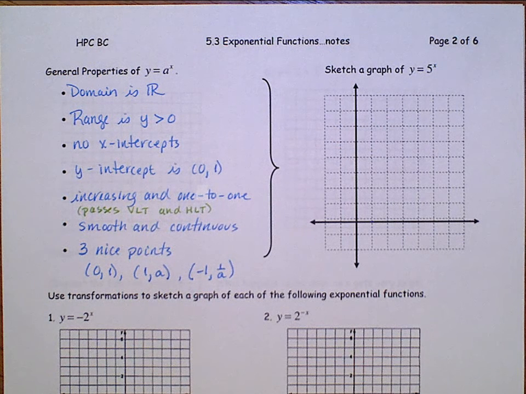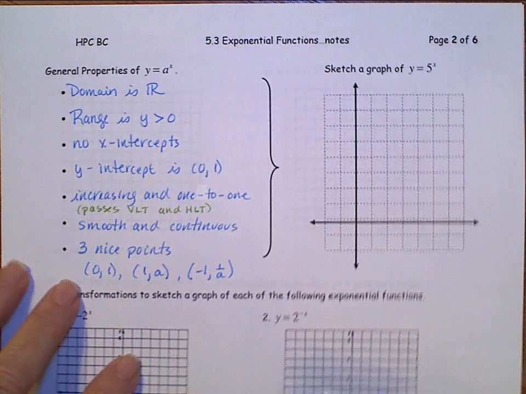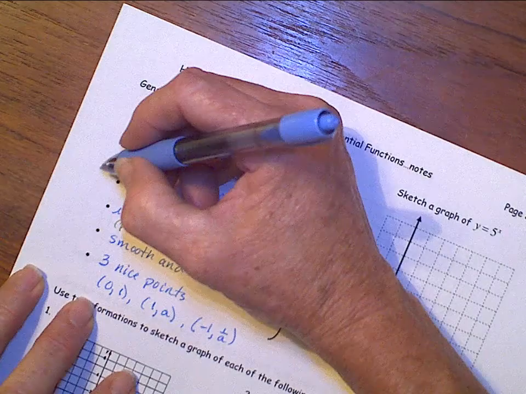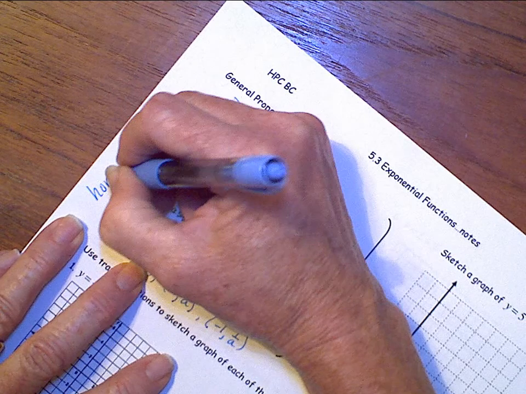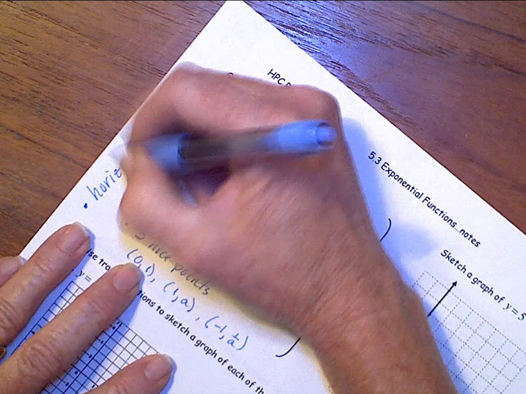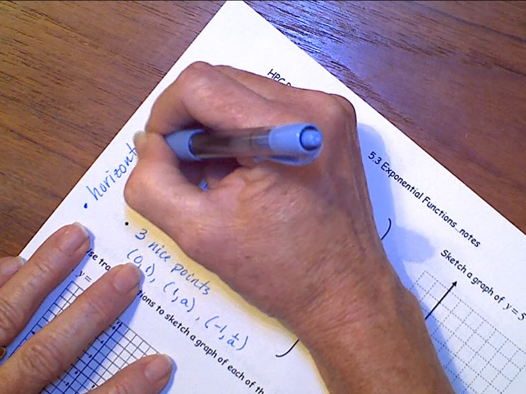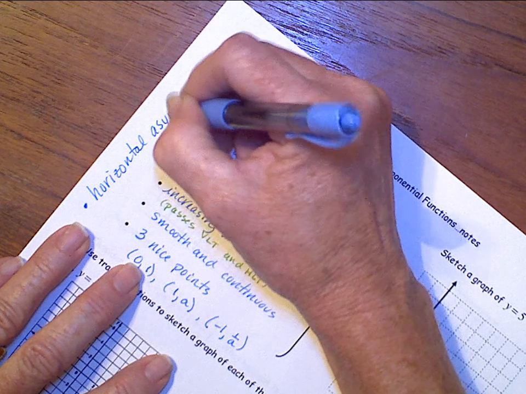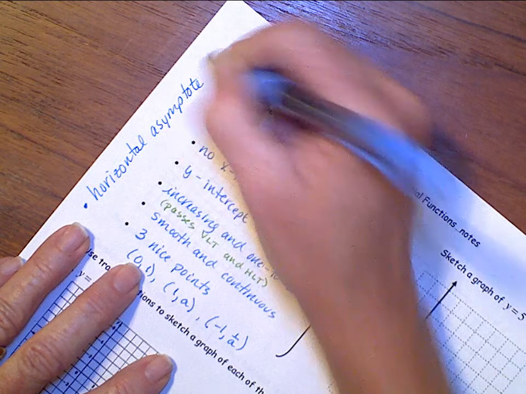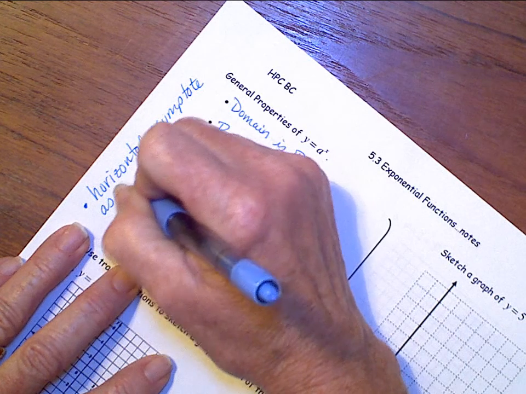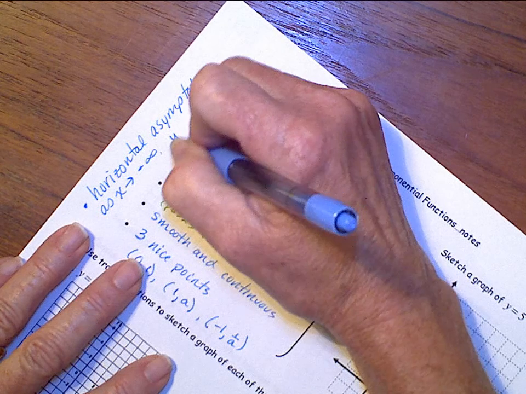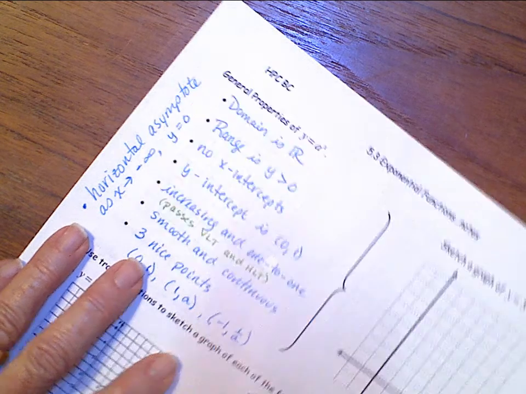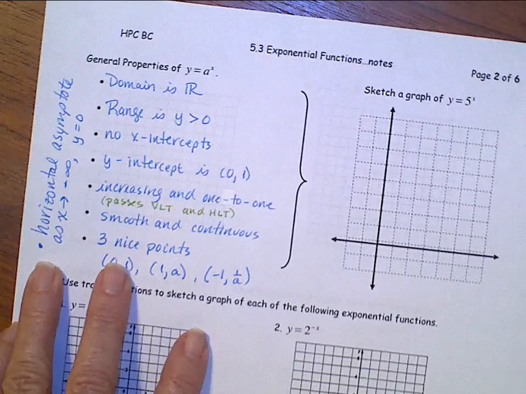So we're going to have to squeeze one more property in over here on the side. And that is that there is a horizontal asymptote as x goes to -infinity, y is equal to 0. So there is a horizontal asymptote at y equals 0.